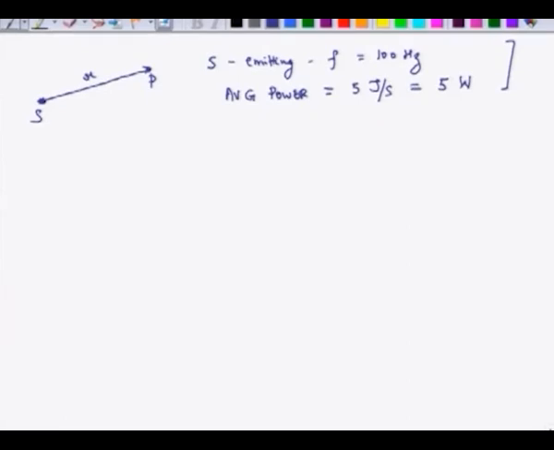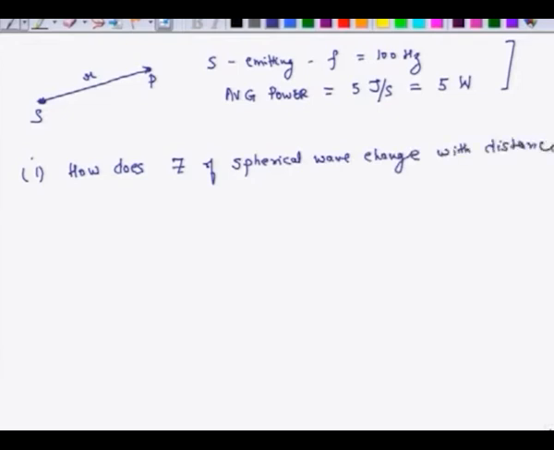So, the first thing we are going to look at is how the impedance of a spherical wave changes with distance.